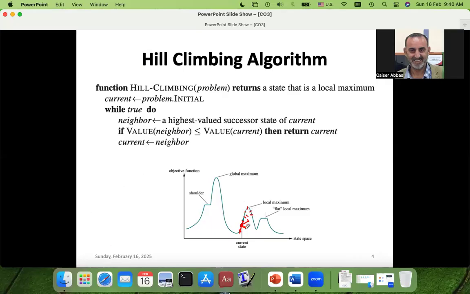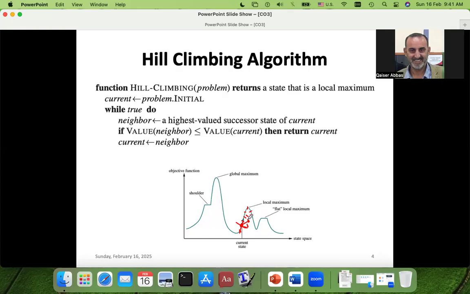What will steepest ascent do? The algorithm is at this state, and it will look at all these four points, and then see which point is closer to the goal, like greedy best first search.